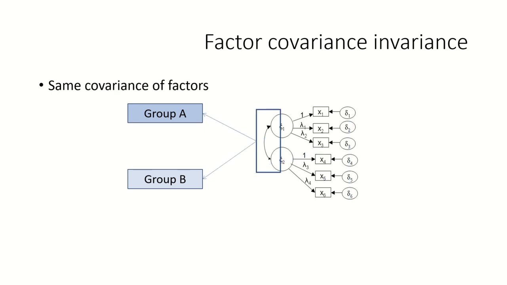Another issue that we can test is whether the covariances between the latent factors are the same or not. So are the correlations between latent variables the same or not? That's something that can be quite interesting from a theoretical perspective. So for example, anxiety and depression, if we have a good instrument, are anxiety and depression equally strongly correlated in different environments?